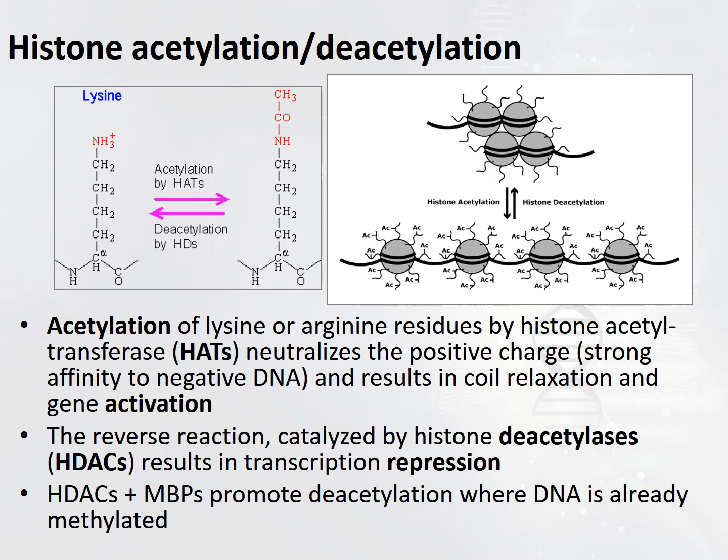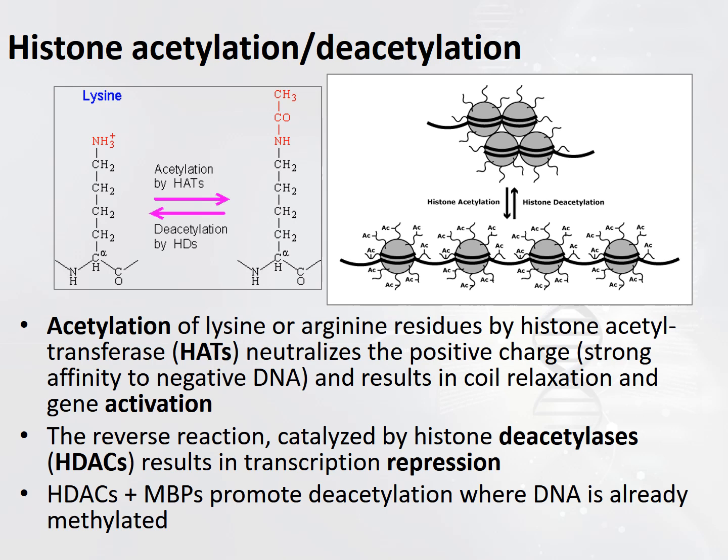The most important one is histone acetylation, which is conducted by histone acetyltransferases, HATs. It involves the addition of an acetyl group to histones, specifically to lysine residues, which usually confer a positive charge to the histones.